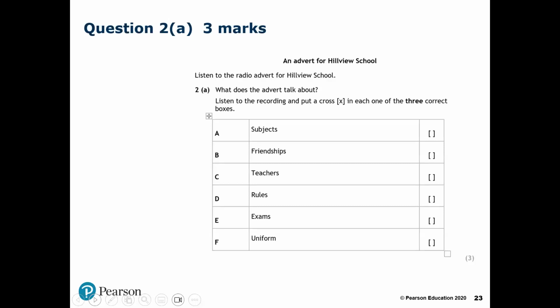So there are 3 things that the advert talks about, and you need to put a tick in each of those 3 correct boxes. And just the sort of thing that you might train your students to do in their 5 minutes reading time is to circle the 3 so that they put only 3 and no more than 3.